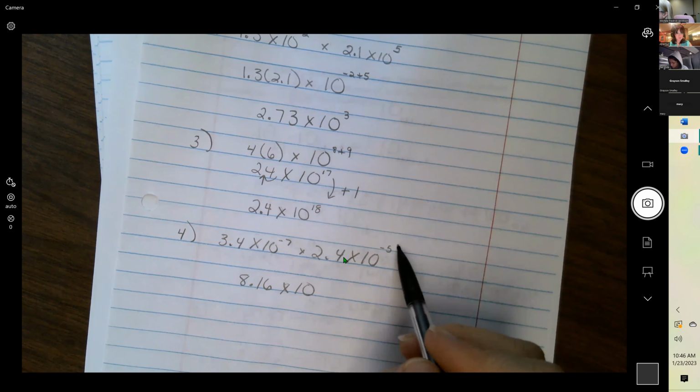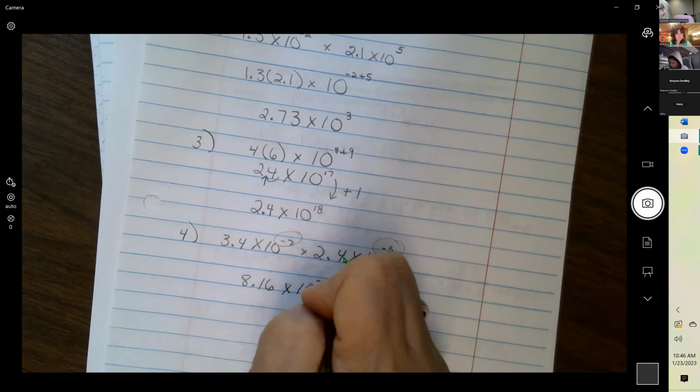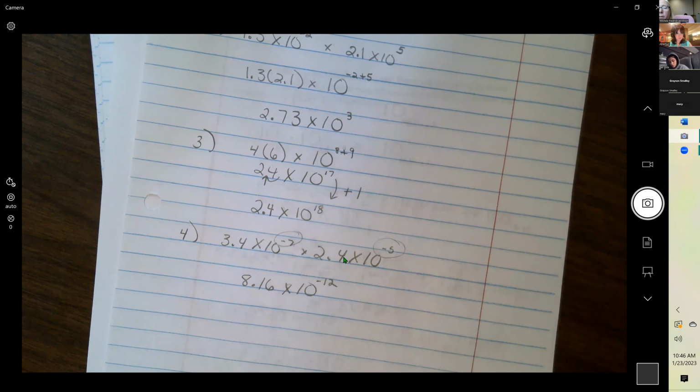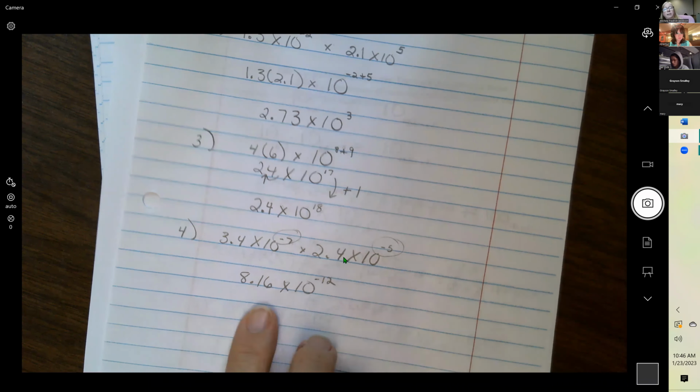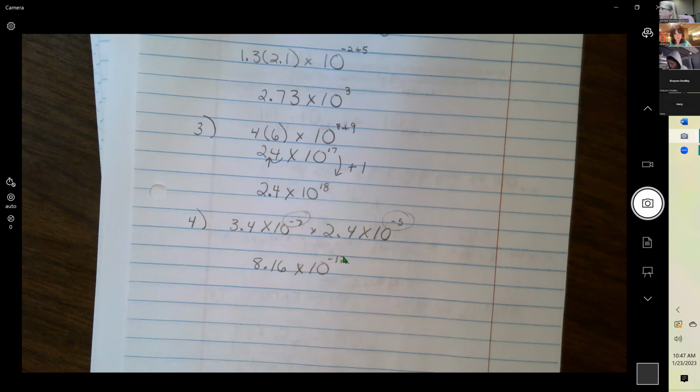And then we add the exponents. And this is in standard scientific notation. It's between 1 and 10. We don't need to change anything. Any questions on that?